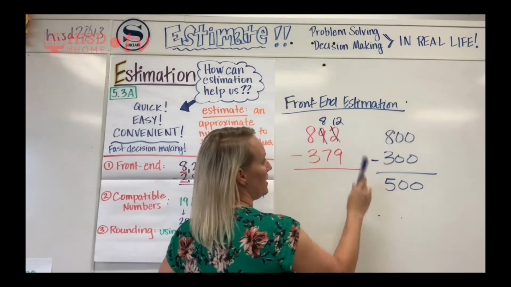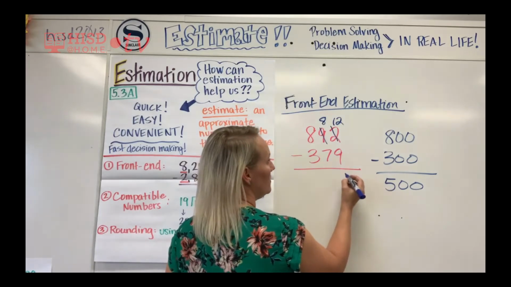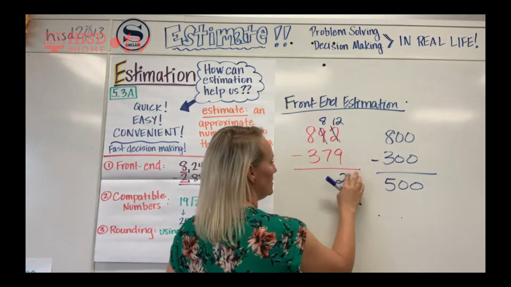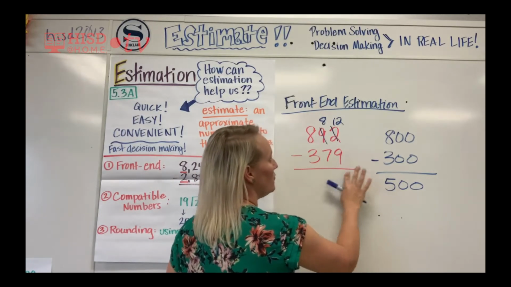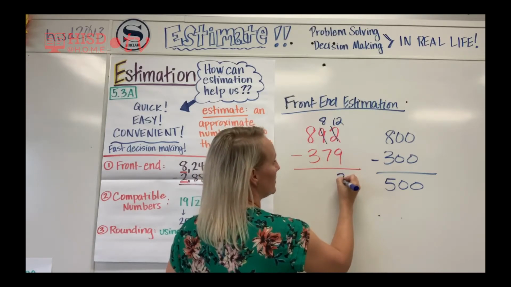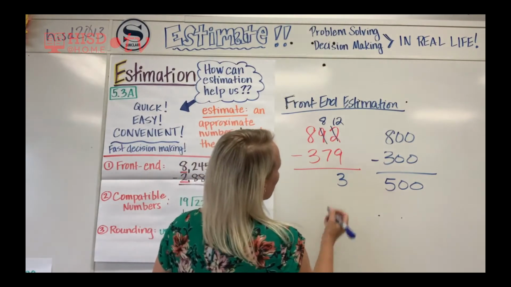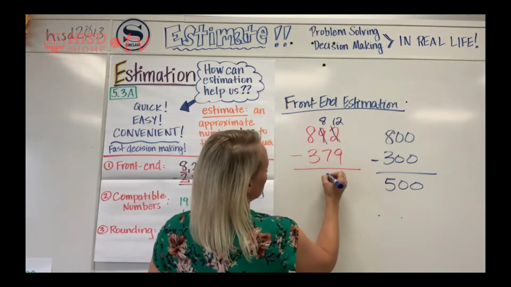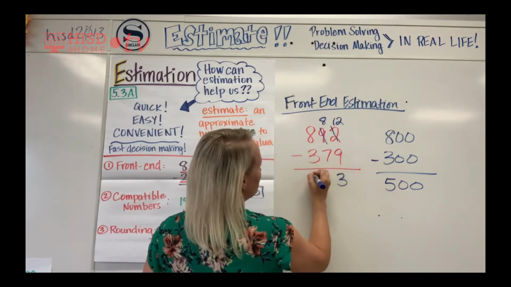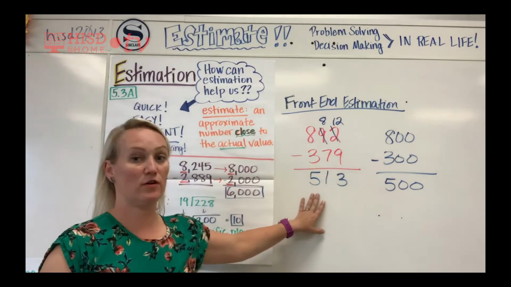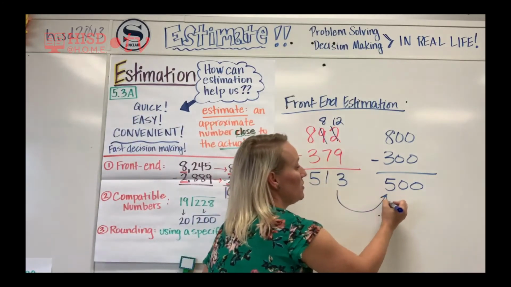This turns into an 8. 12 minus 9 is 3. Almost forgot what 12 minus 9 was. 8 minus 7 is 1, and 8 minus 3 is 5. So our actual answer is 513, which is pretty close to 500.